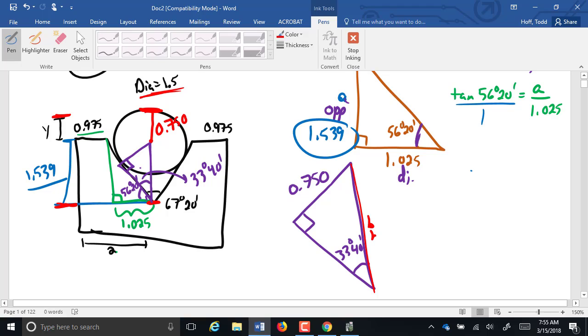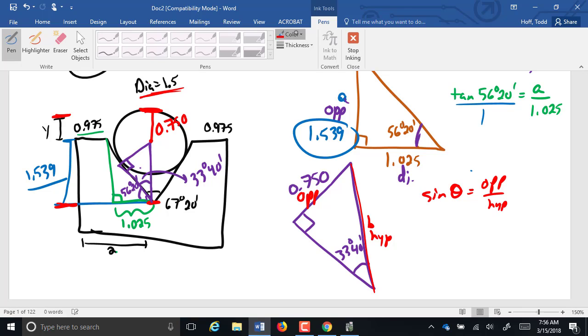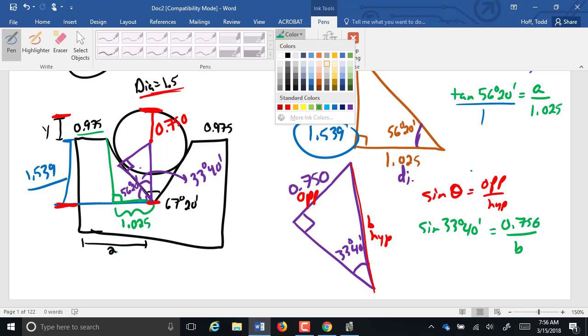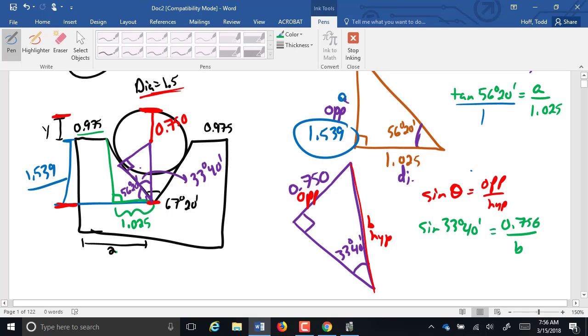The hypotenuse of that triangle, I'll label hypotenuse. The 0.75 is which side? Opposite. So that is the sine of theta, opposite over hypotenuse. Do we know the angle? Yes, that is the 33 degrees 40 minutes. Do we know the opposite? Yes, that's the 0.750. It's the hypotenuse that we're looking for, so we are looking for a side. We'll put this over 1.